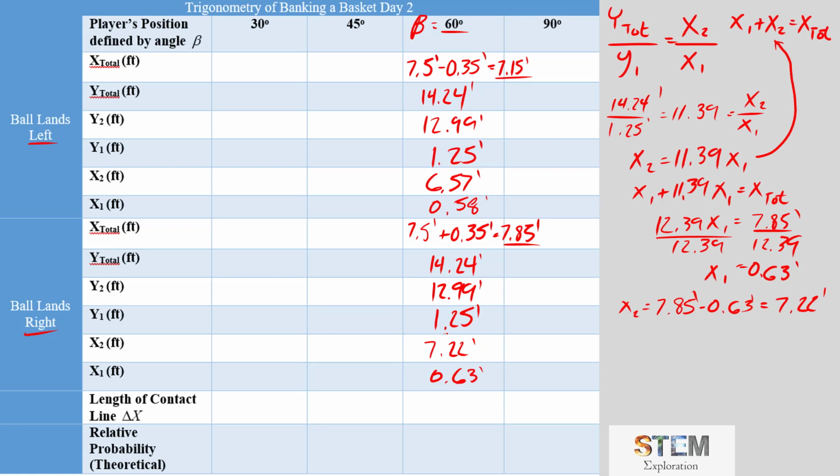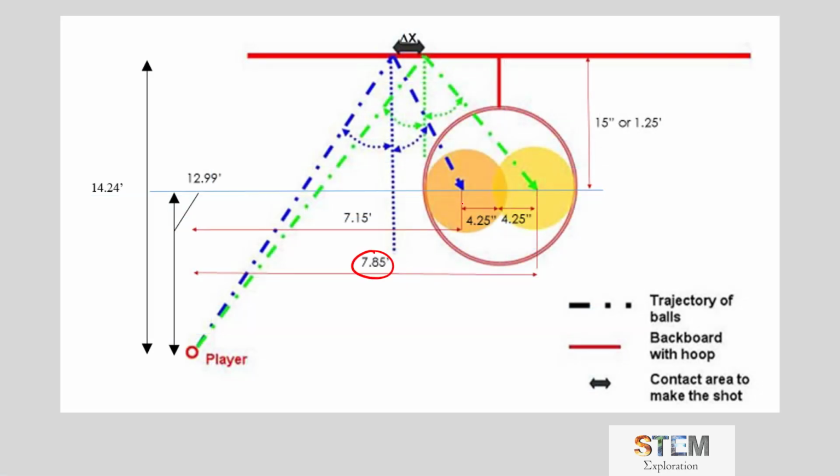Now, the numbers that I want you to draw attention to here are the 7.22 feet and the 6.57 feet. And I want you to use x2 specifically, because if we go back over here and look at these relative positions, you actually need to avoid using x1 because the points where x1 starts here vary slightly.